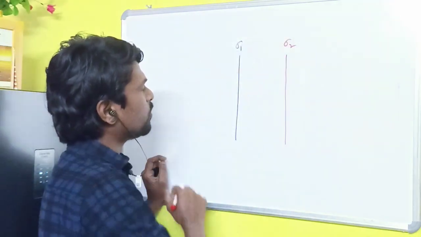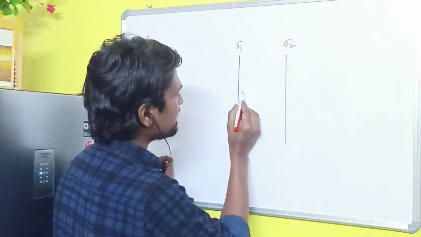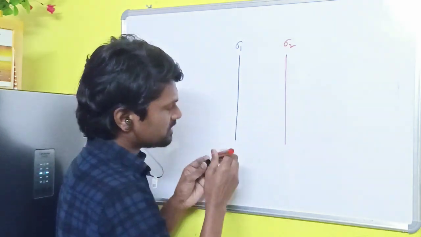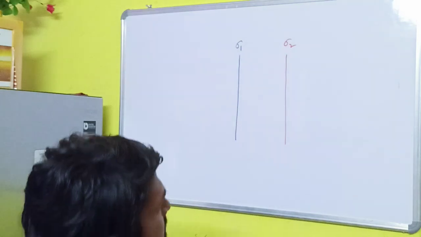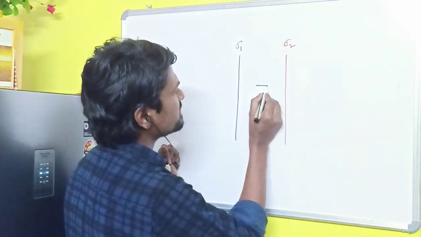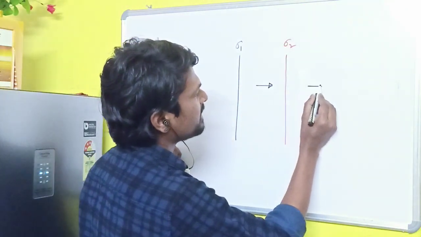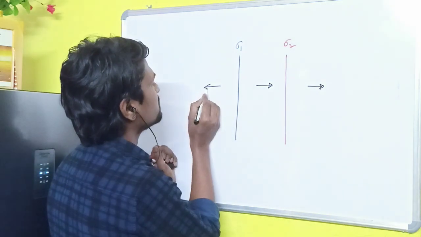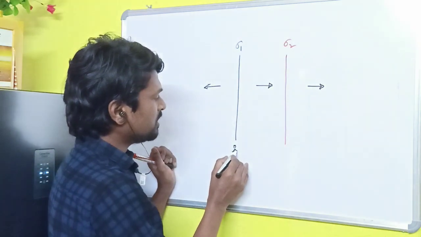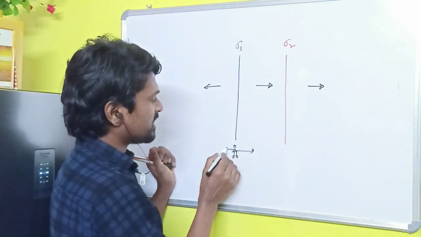For plus sigma 1, the electric field at the center is directed along this direction, and along this direction. That is the rule: stand here and stretch your hand.